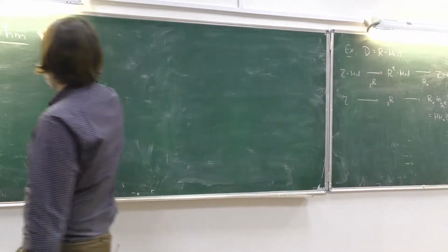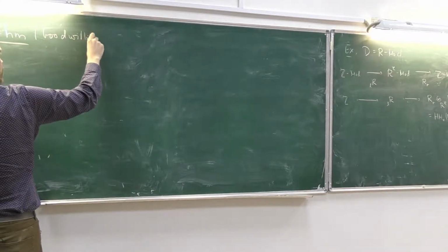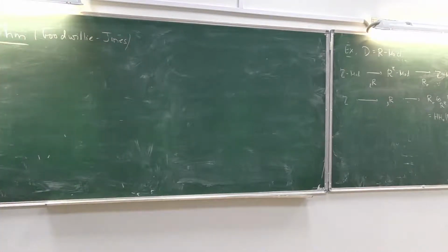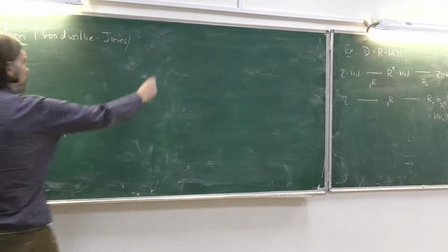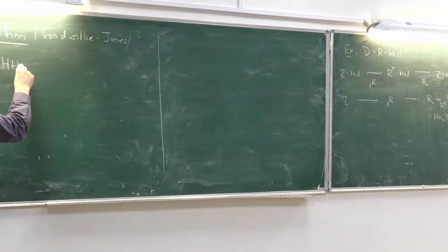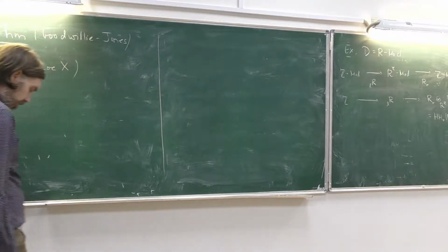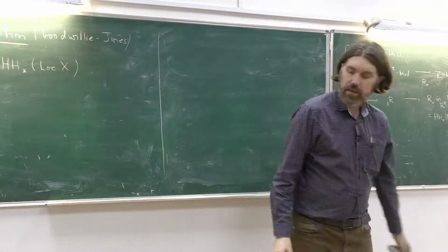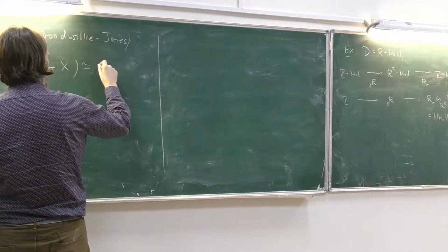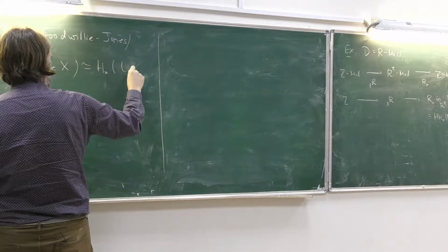So theorem, Goodwillie–Jones. The proof is a bit different. The Hochschild homology of the category of infinity local systems is naturally isomorphic to the homology of the free loop space.